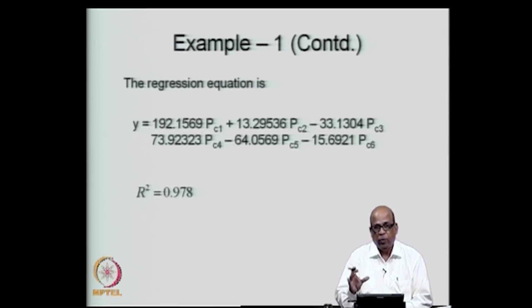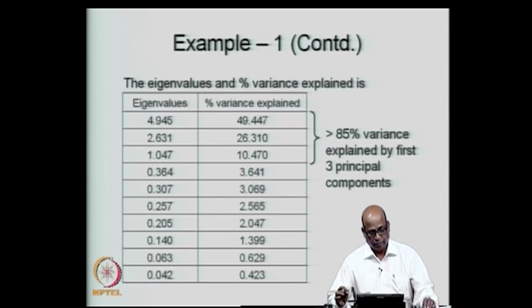Remember, the principal components are orthogonal to each other, and that feature brings to the fore the fact that if you discard some of the principal components and then redo the regression, your coefficients still will remain the same, and this is quite interesting. Let us look at that.